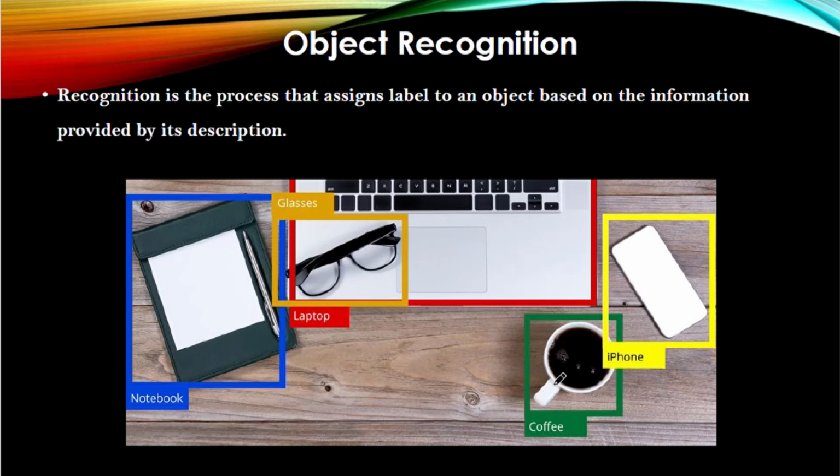After getting these 5 parts, by using the representation and description concepts, we can identify each region by going for either boundary or region representation. After representing, we can label it. That is called object recognition. Labeling means giving a name. These objects are labeled based on the information provided by description.